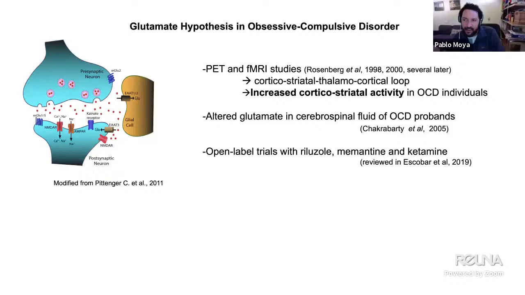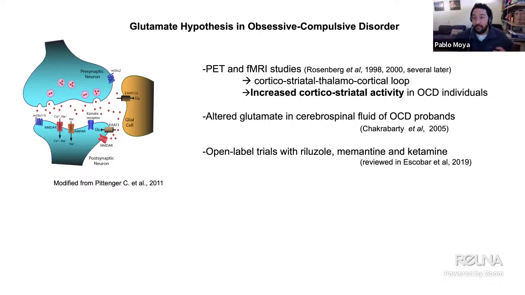Those data were very relevant because they also demonstrated that effective pharmacotherapy, or combined pharmacotherapy and behavioral therapy, was able to reduce the increased corticostriatal overactivity in the patients who responded to the treatment.